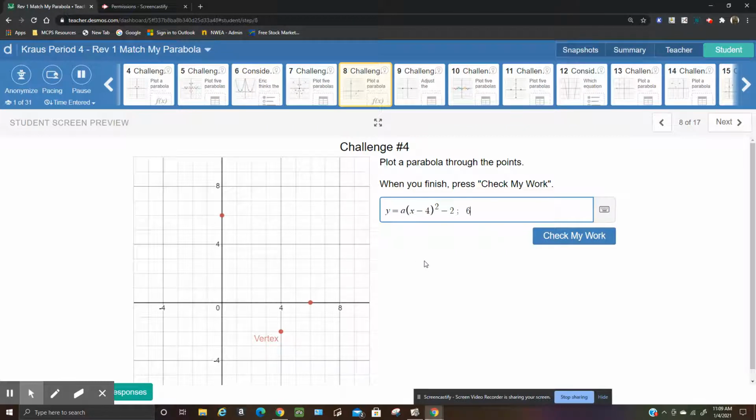So 6 equals A times 0 minus 4 squared minus 2. 6 equals 16A minus 2.